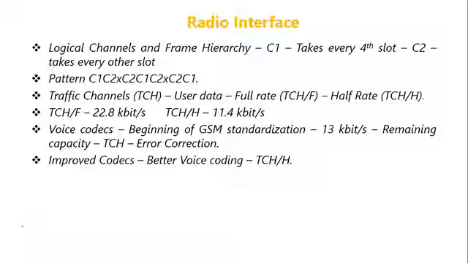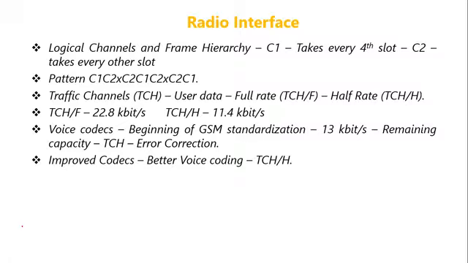TCH/F, the traffic channel with full rate, supports up to 22.8 kilobits, but here we are using only 13 kilobits for data transmission. So there remain around 9.8 kilobits per second. That can be used for error correction. Whatever data rate is left unused, because only 13 kilobits per second were used with the inclusion of codecs, can be used for error correction.